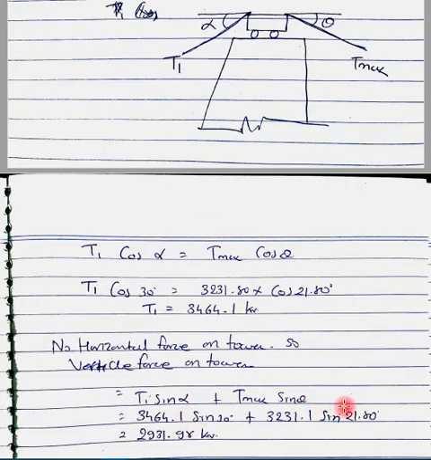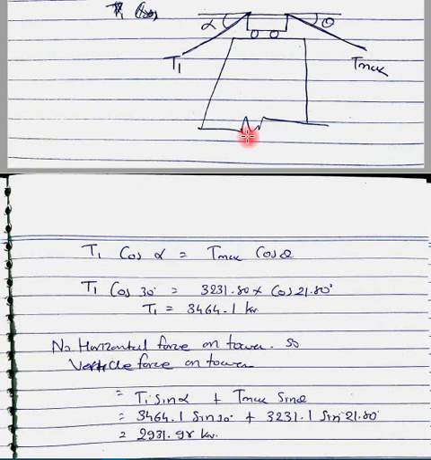So 3464.1 sin 30 degrees plus 3231.1 sin 21.80 degrees gives 2931.98.